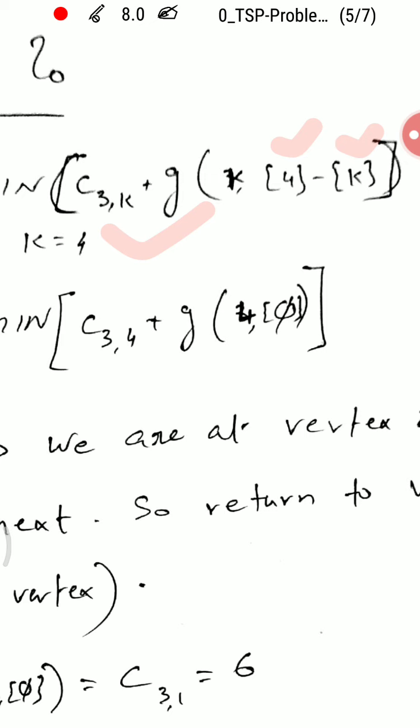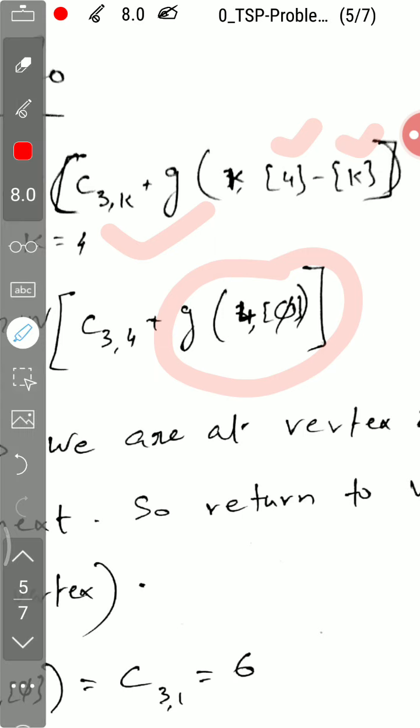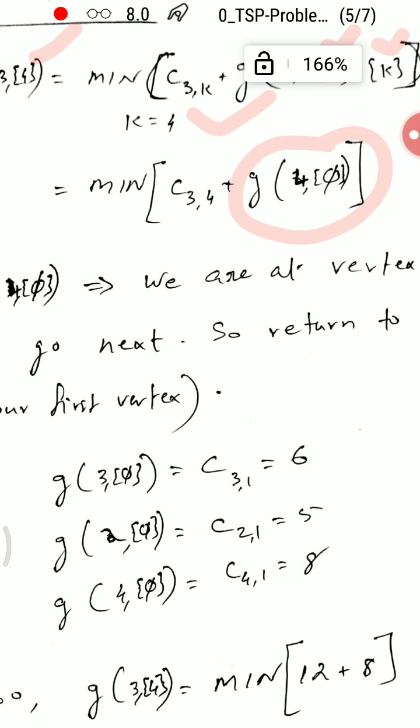Then what is the meaning of g(4, null set) actually? Its meaning is you are at 4, nowhere to go, and you are going back to 1. That is, you are taking a journey from 4 to 1. 4 is your last vertex, or you have visited 4 as the last city. Then what you have to do? Go back. What is the cost?